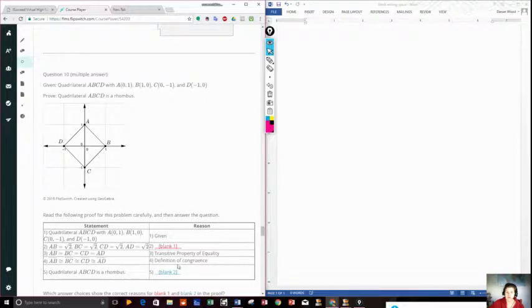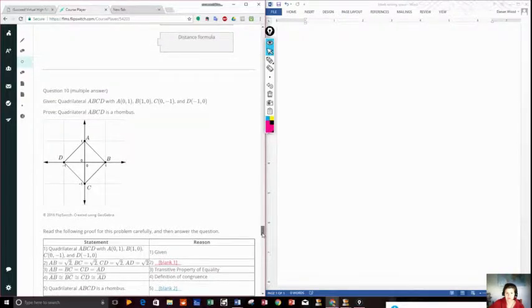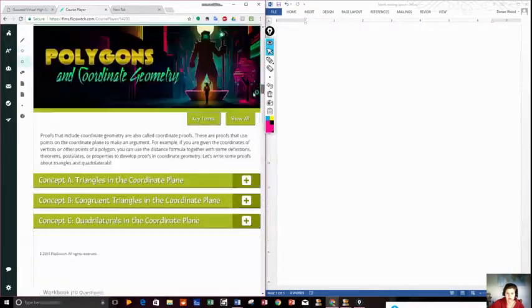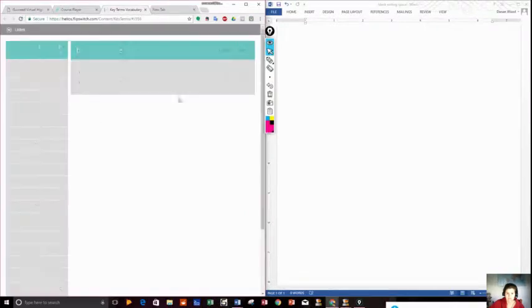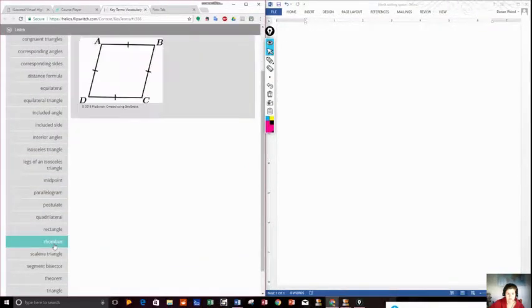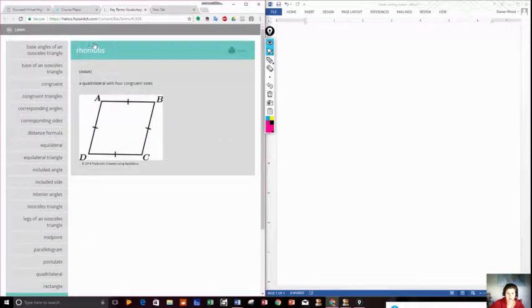Okay, so the first thing that I'm thinking is, well, what is a rhombus? And so I'm going to scroll up here to my key terms and I'm going to look for rhombus. Alright, so a rhombus is a quadrilateral with 4 congruent sides.